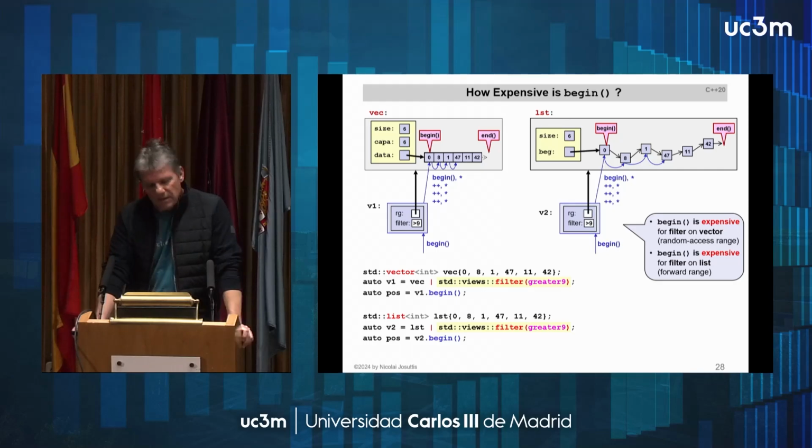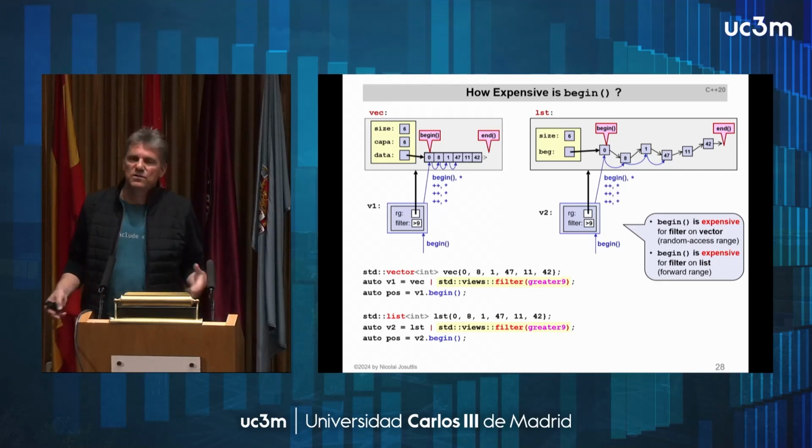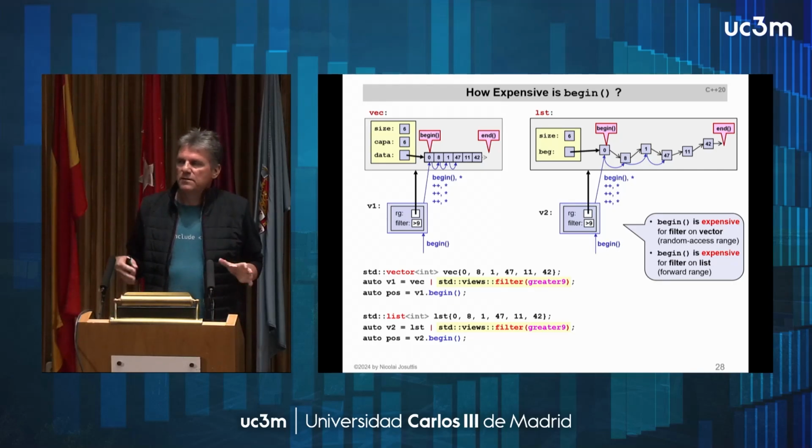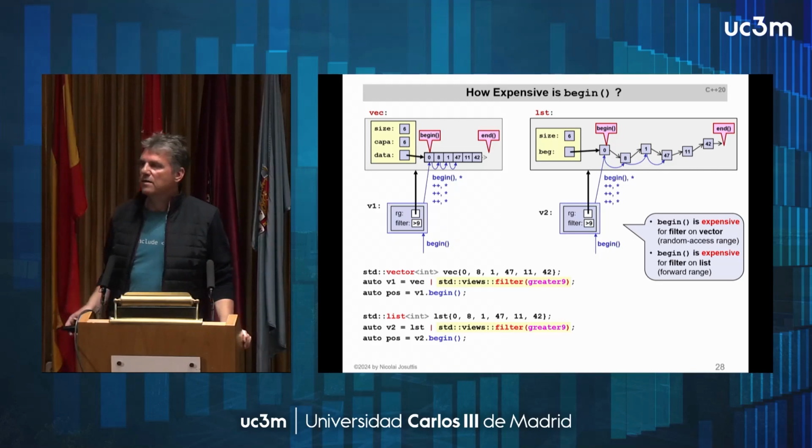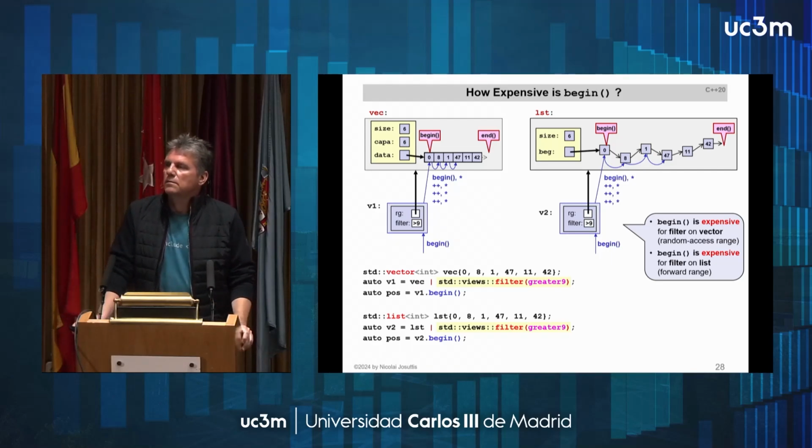Which is not exactly right, because if I have a use case where the probability that the first elements have an element greater than 9 is independent from the size, then this is not a problem. This is not linear complexity, but that really depends on the use case we have. We don't like bad performance in C++.